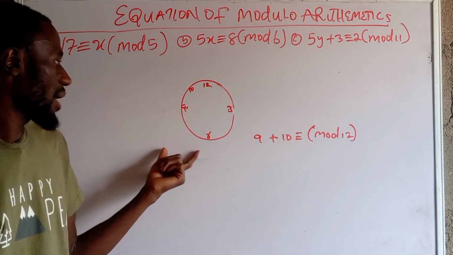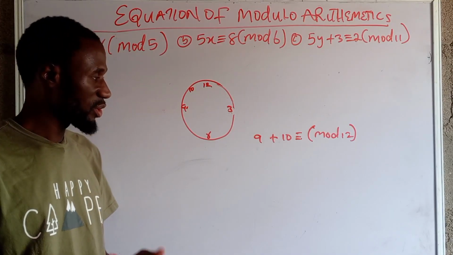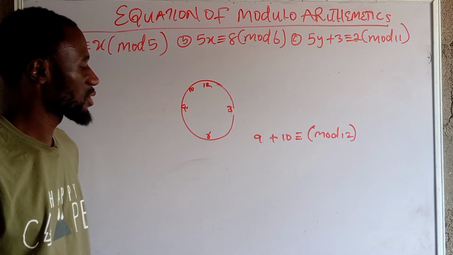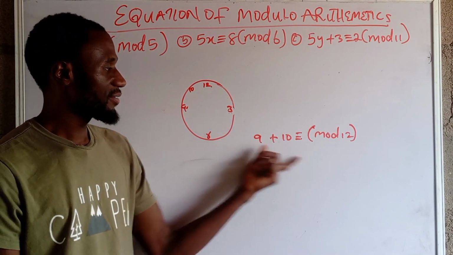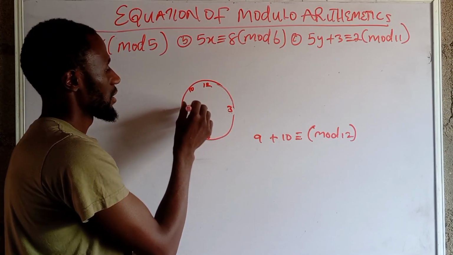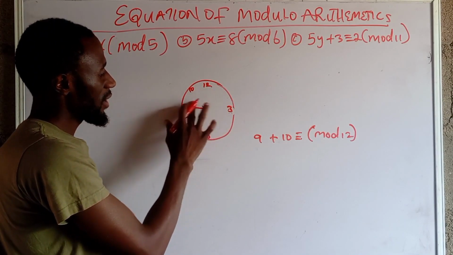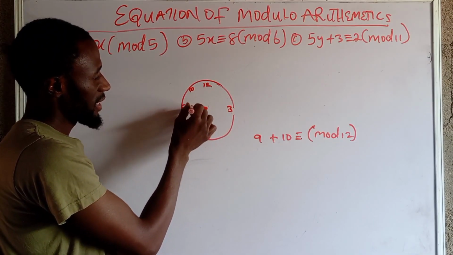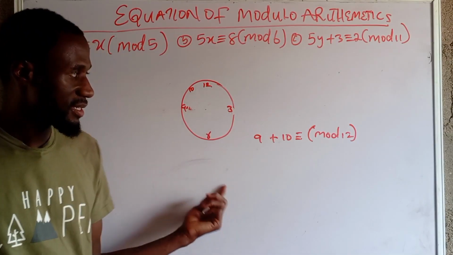Then how many hours do we have after 10? When dealing with the clock, this is in mod 12. You are asked to find the 9 hours after 10 using a clock. Then how many hours are you going to get here?